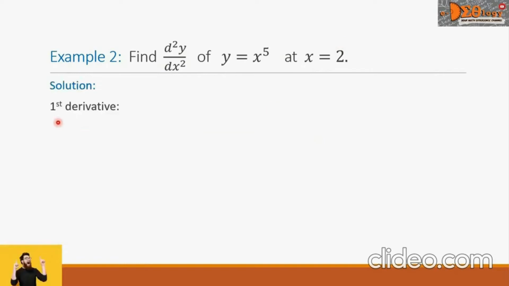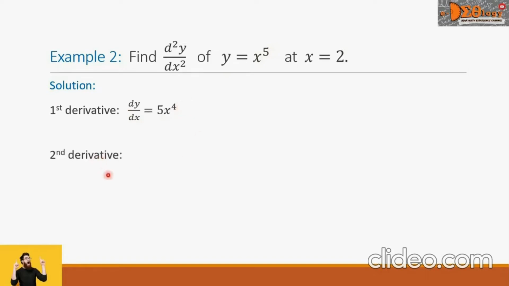Let's begin with finding the first derivative. So we have dy over dx equals the power 5 comes down here as coefficient. So we have here 5x raised to the power 5 minus 1, which is 4. So the first derivative is equal to 5x raised to 4.